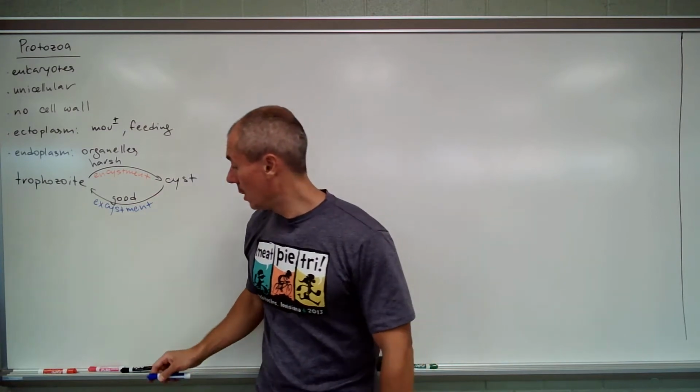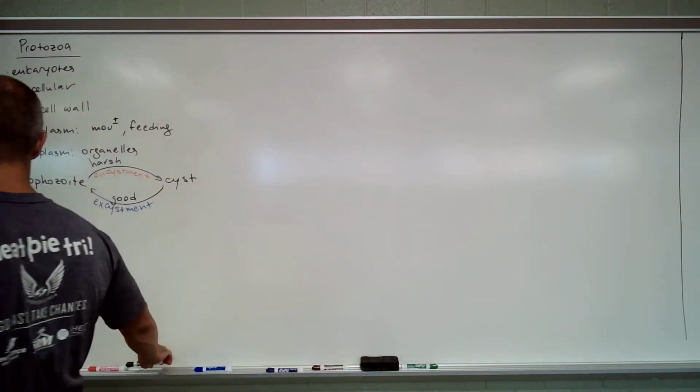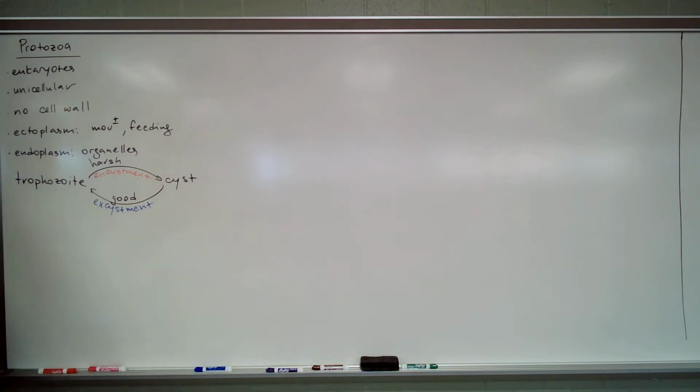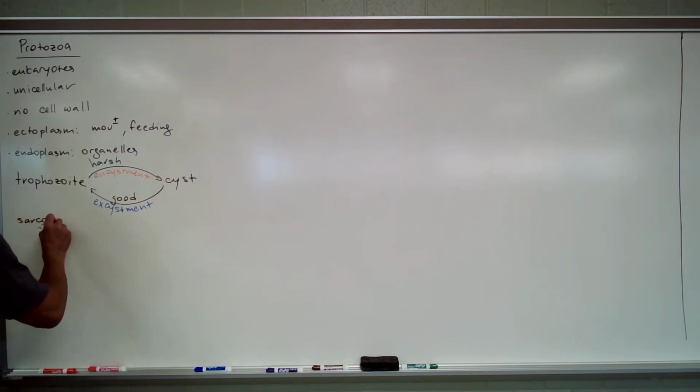Good? Okay. A few words about classification. We mentioned that classification earlier in unit 1, actually in the beginning, that we're going to classify protozoa based on locomotion. So we've got Sarcodina, Mastigophora, I'll explain what they are, Ciliophora, and Apicomplexa.